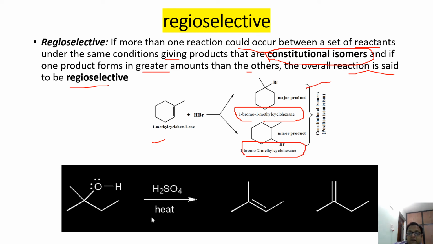This is major and this is minor product. But both the structures are constitutional isomers of each other. So therefore this reaction is called regioselective. One more case we can count here is the dehydration of this alcoholic reactant in presence of sulfuric acid, resulting in two different regioselective products.